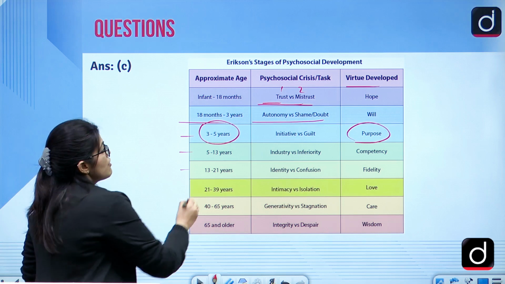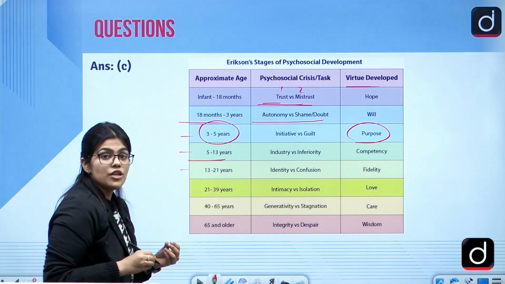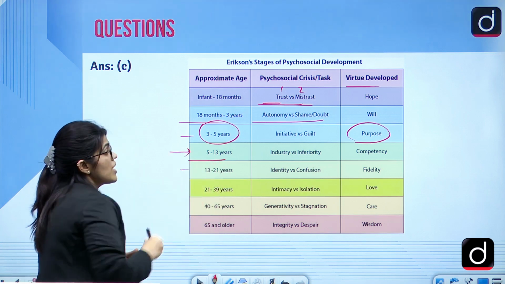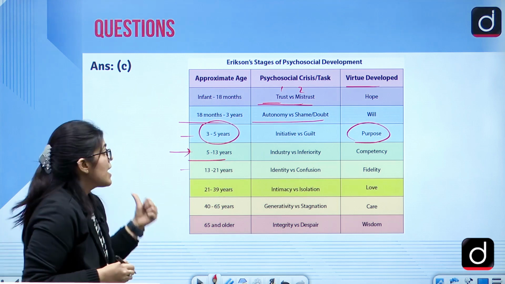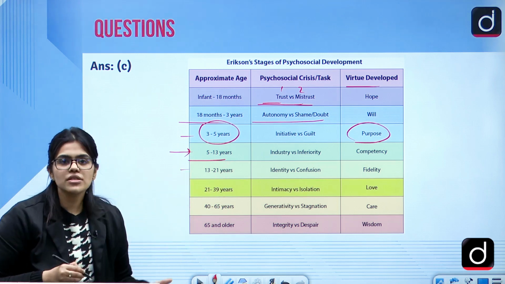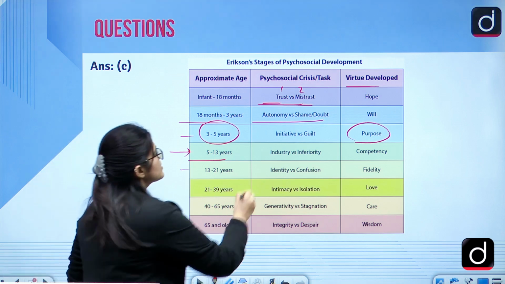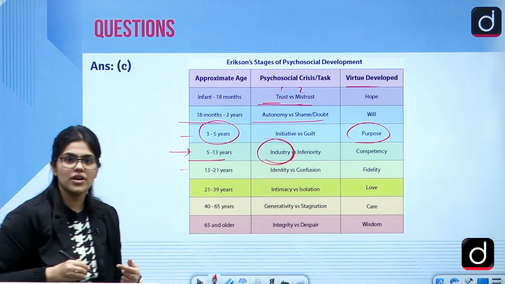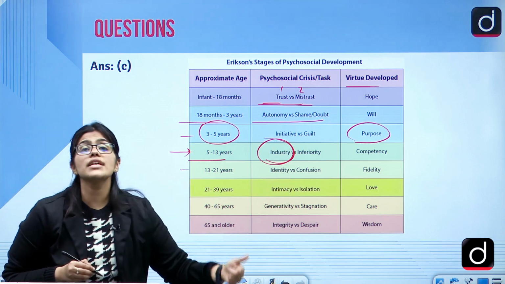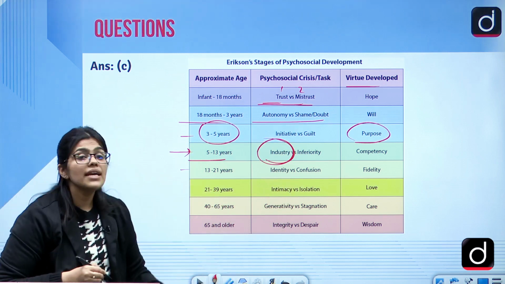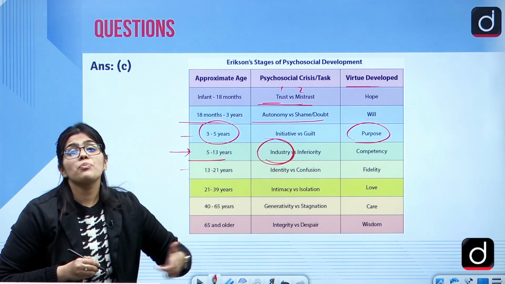Then there is the age of 5 to 13. You're entering the adolescent age, and this was also seen in the question. At this stage, you are definitely in your school. You are doing what? This is industry. Here, school is the industry for us. And there is inferiority complex. You are directly comparing yourself with your peer group.